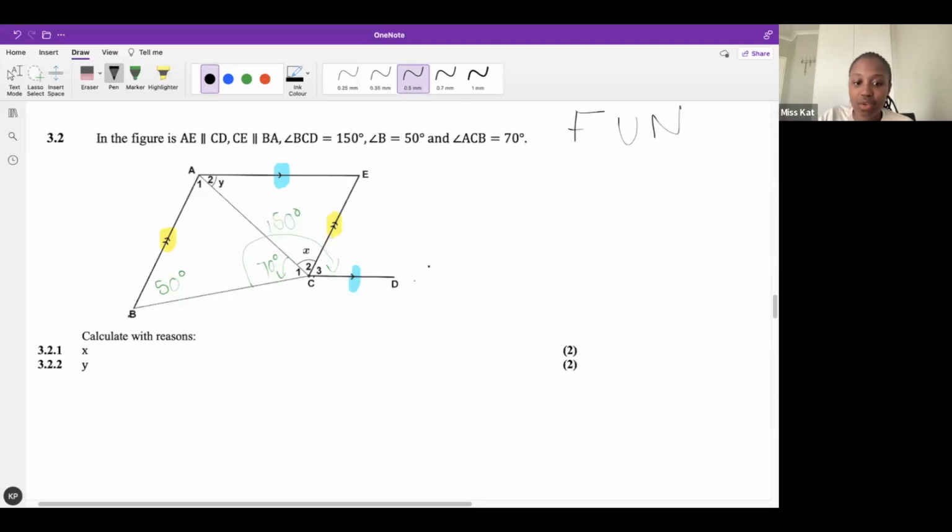Is it the F, the U, the N? Which one? The U. So for people who might be struggling to see it, let me highlight the U for us. So it goes that way.